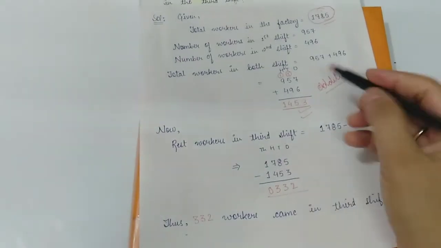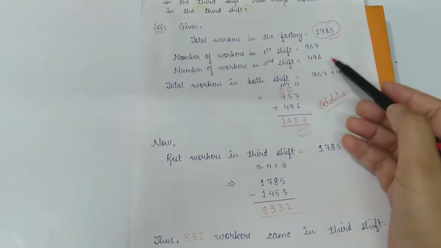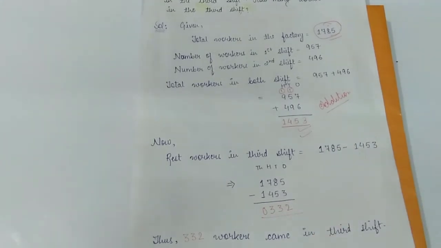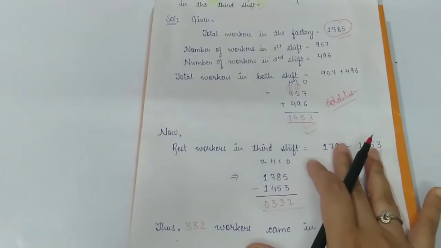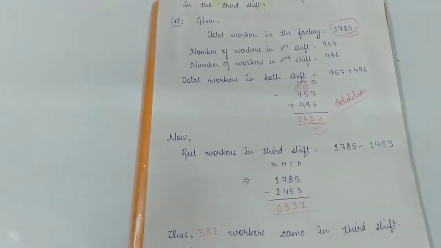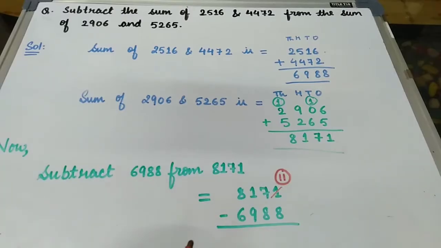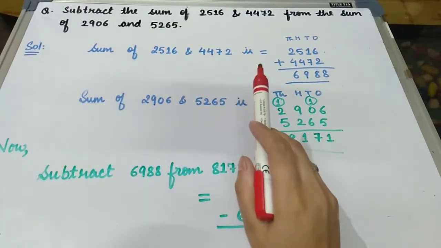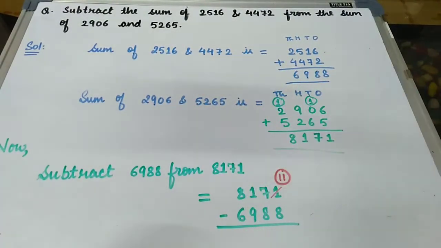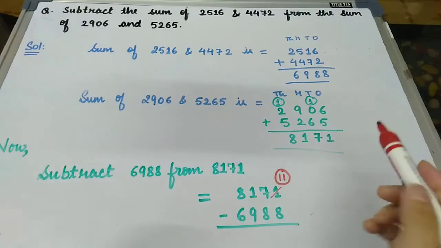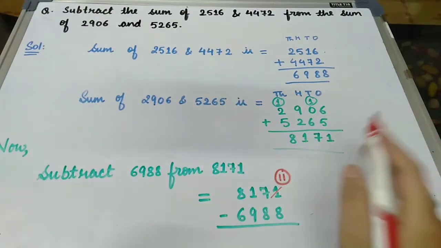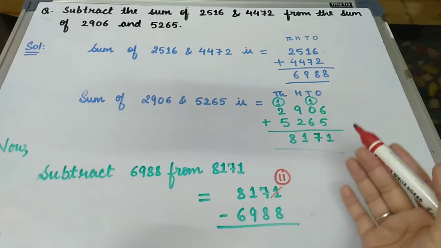So in this way you can solve the word problems where both addition and subtraction are done. So these are the problems related to the mixed bag. Let us see another word problem, that is: subtract the sum of 2516 and 4472 from the sum of 2906 and 5265.